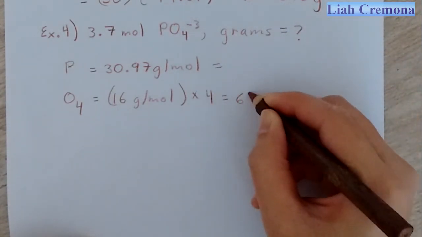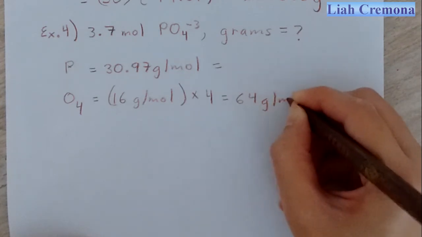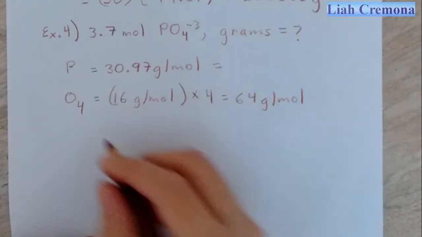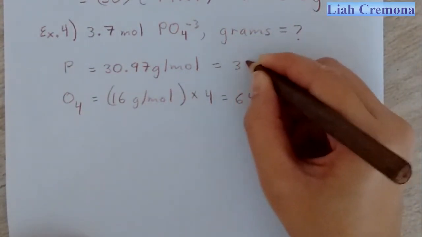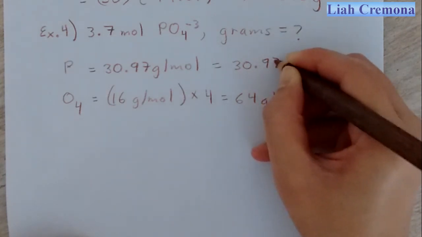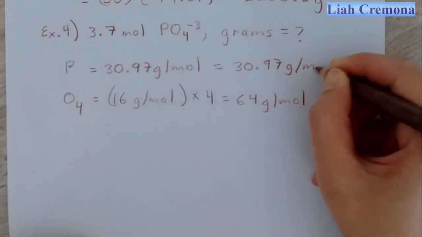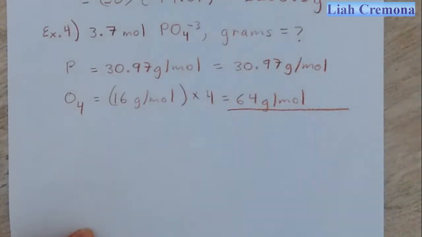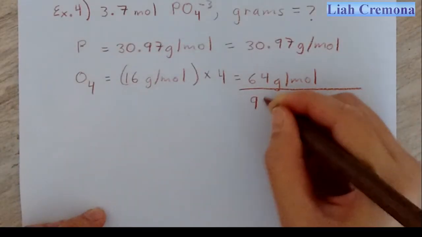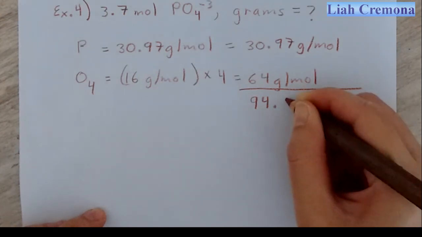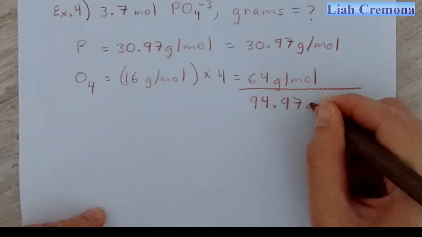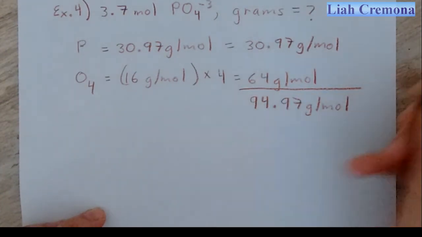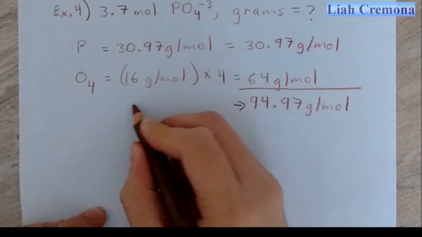So this will be 64 grams per mole. 64 grams plus 30.97 grams per mole is 94.97 grams per mole, and this is the molar mass.